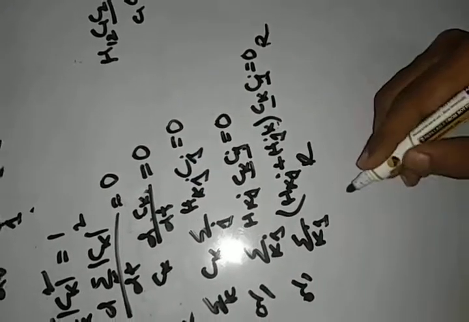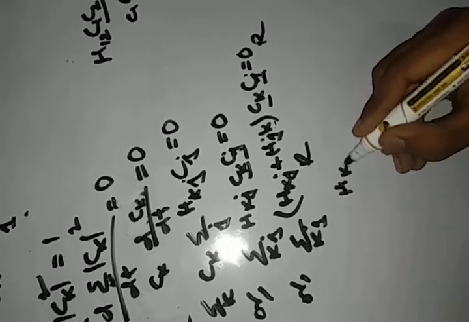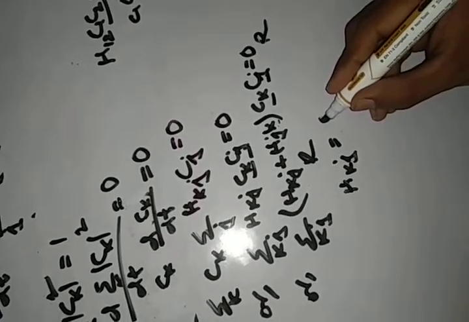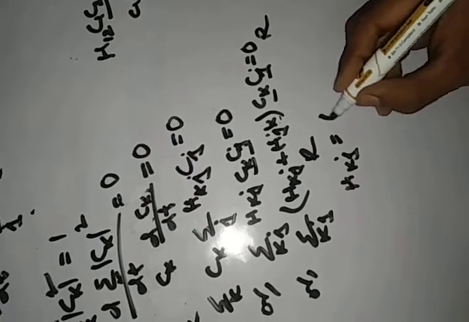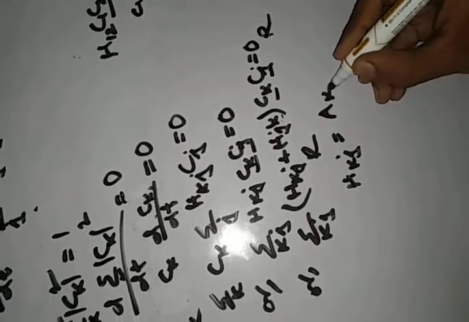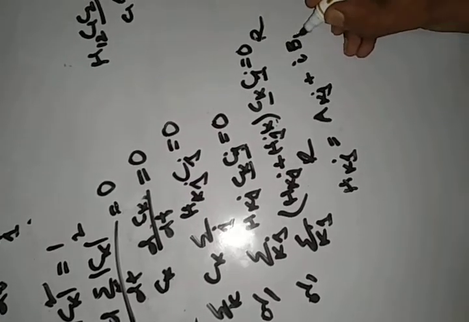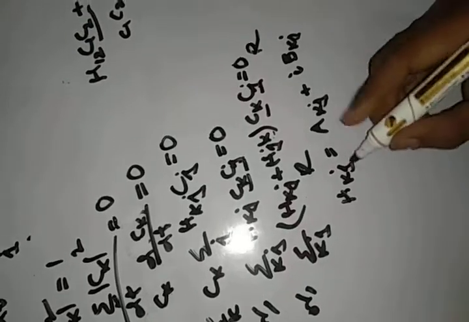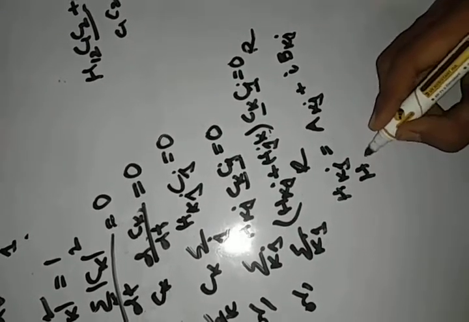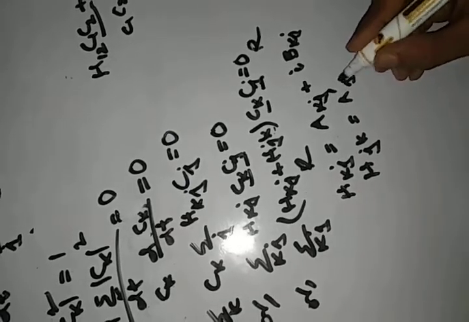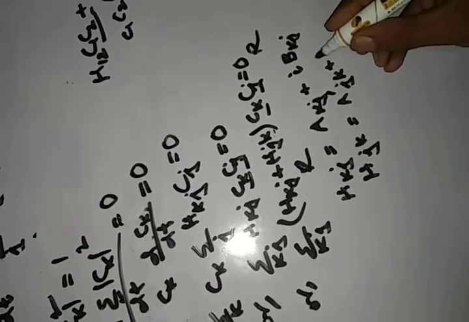For these things to be real, h_kj, say we denote it by a_kj plus i b_kj. Okay, and h_jk we denote by a dash jk plus i b dash jk.